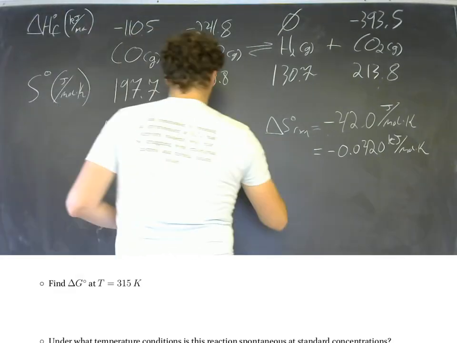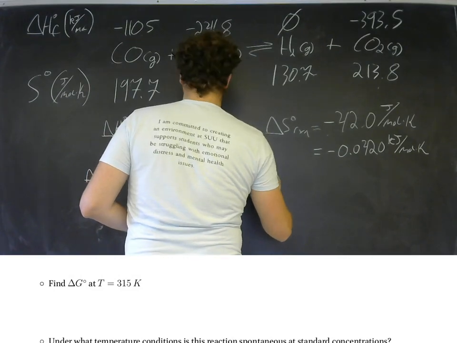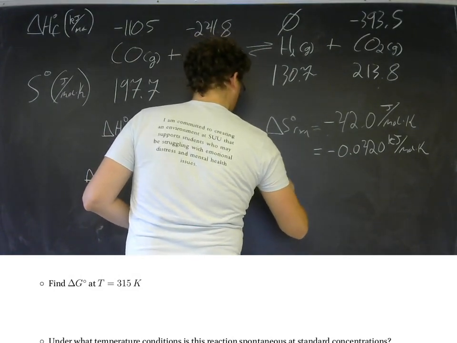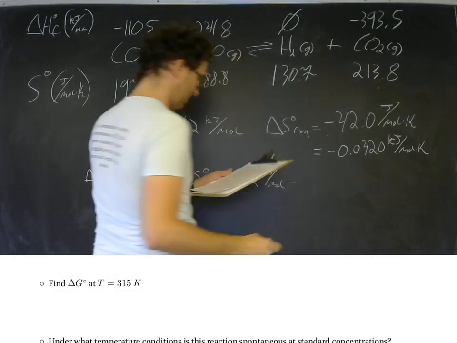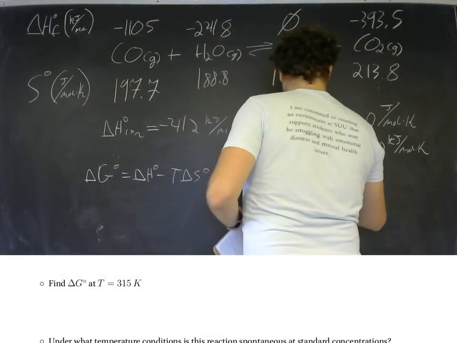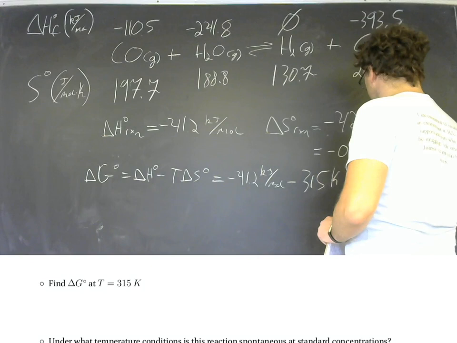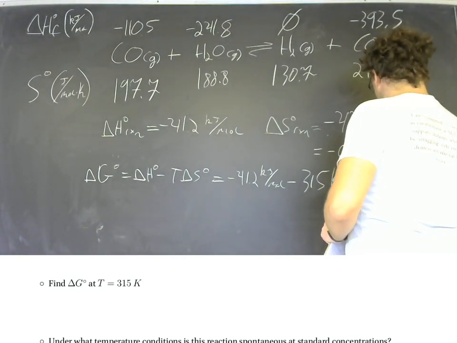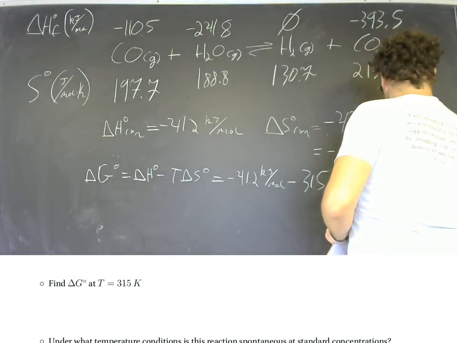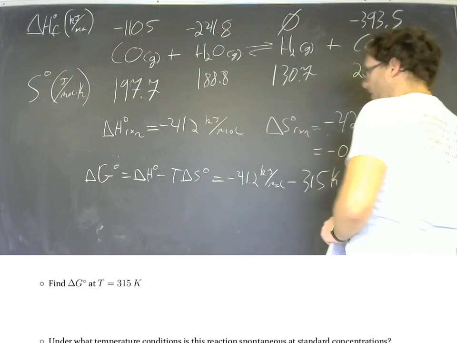That's a negative 41.2 kilojoules per mole minus 315 Kelvin times a negative 0.0420 kilojoules per mole Kelvin.